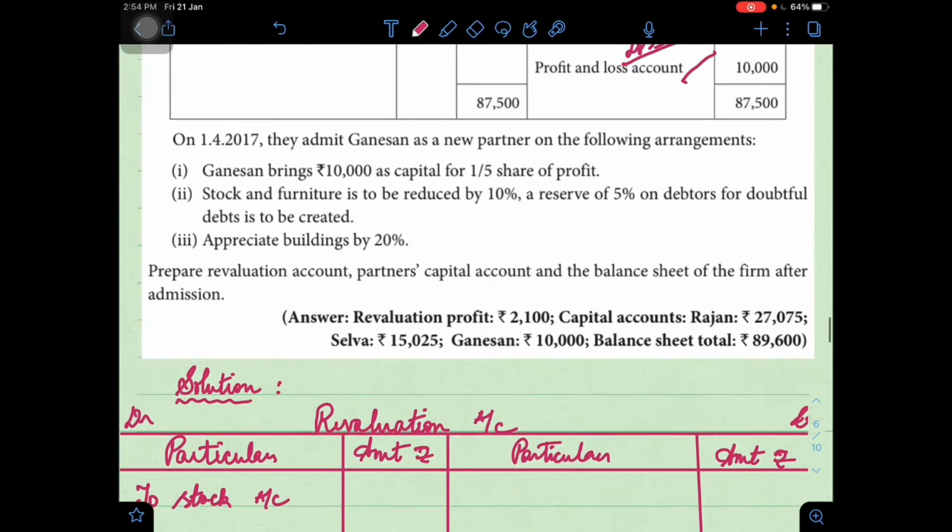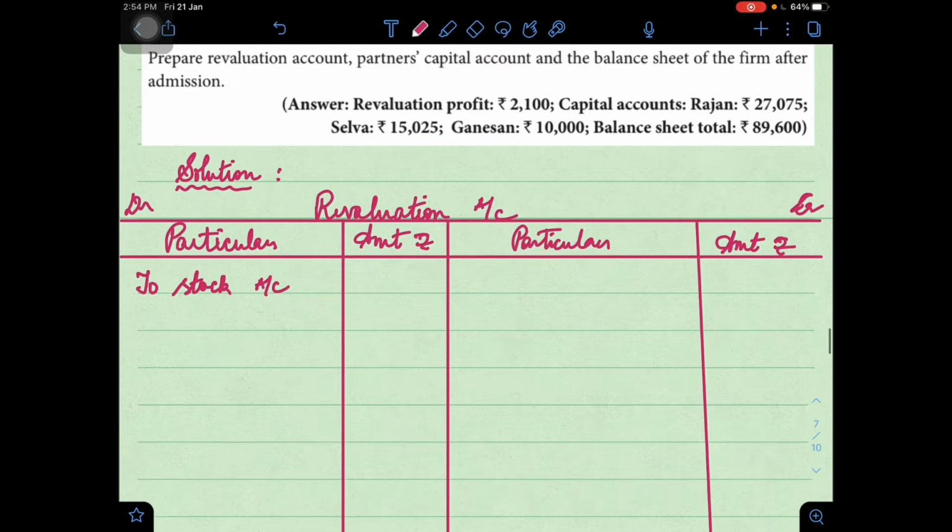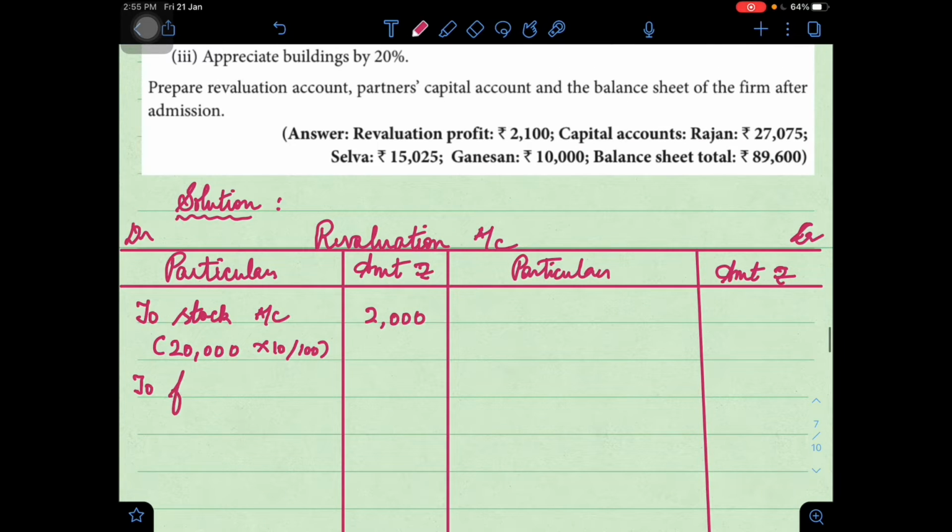What does the problem say? Stock is reduced by 10%. So 20,000 into 10 by 100 comes to how much rupees? 2,000. Similarly, there is another asset whose value has gone down. It is called furniture.